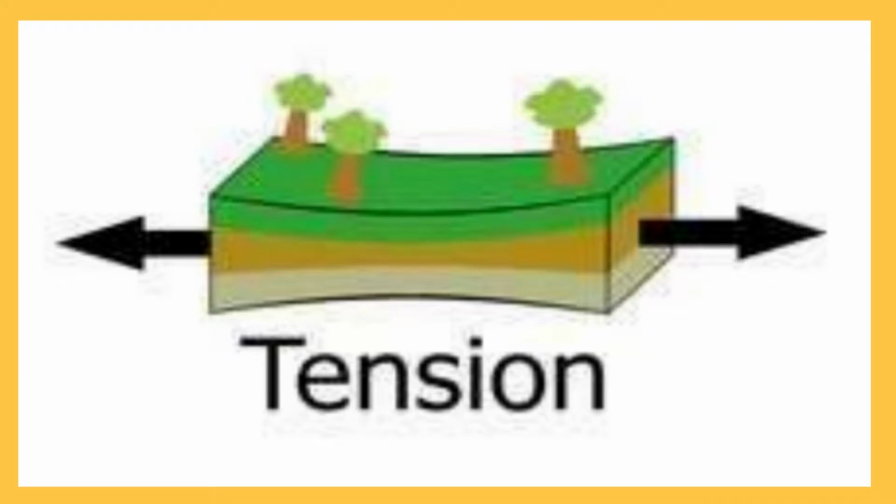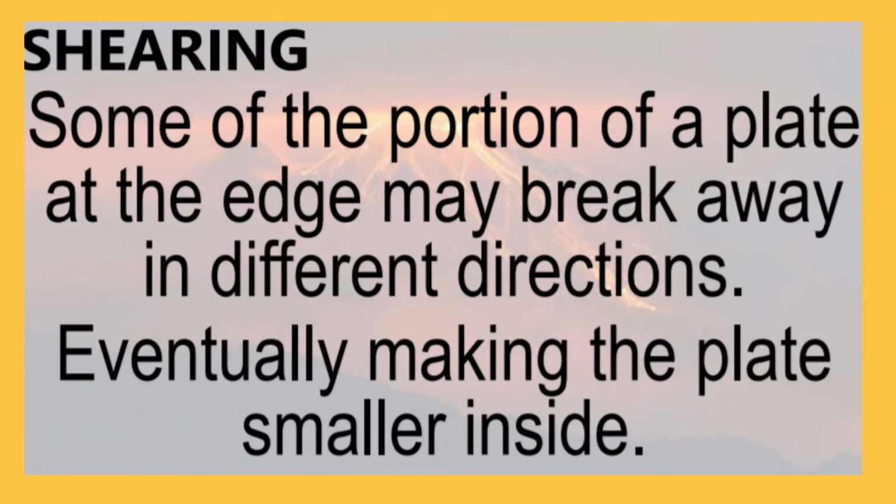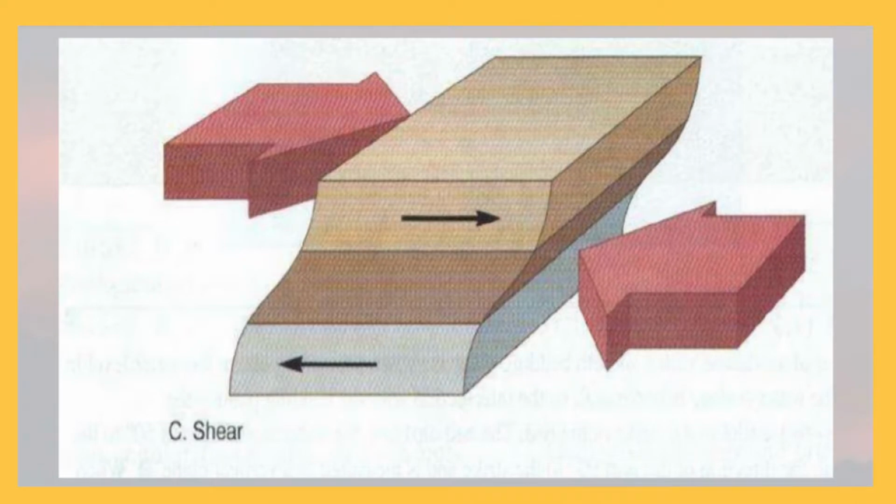So it seems like it's a divergent rock. The third one is shearing. Shearing is where some portion of a plate at the edge may break away in a different direction, eventually making the plate smaller inside. So in order for you to understand it, we have here the shearing. It is where the side-by-side movement of the rocks is created.